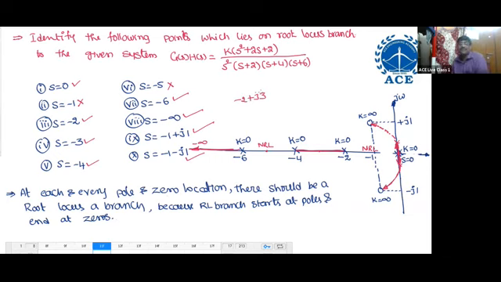It is not possible, because that is not a pole location, not a zero location, and not on the real axis; it is a complex point. Then compulsorily you have to apply the angle condition and check whether the given point lies on the root locus or not. That's all. Okay? Next one.